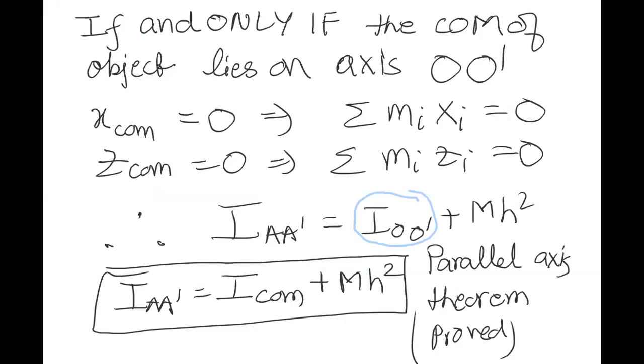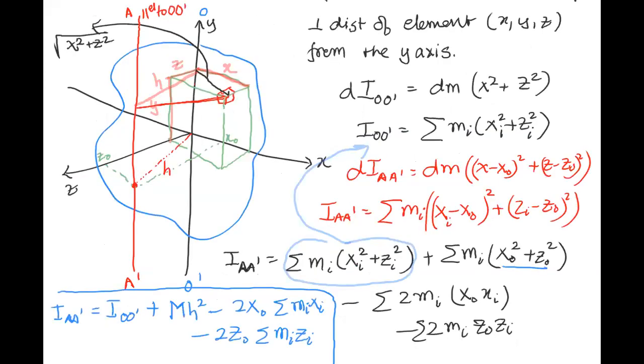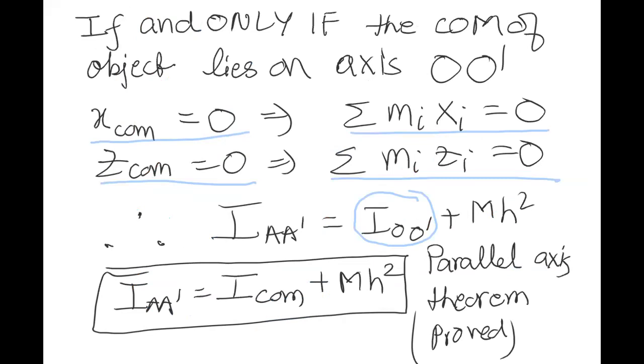After all, if these two conditions are not satisfied, then this will also not be satisfied, and if this is not satisfied, then the moment of inertia will have this term as well, right? So the ICM that I have written is just to remind ourselves that the moment of inertia should be about an axis that passes through the center of mass.